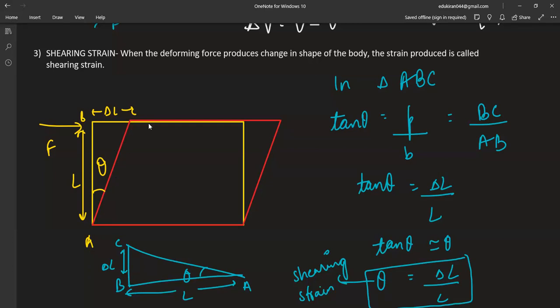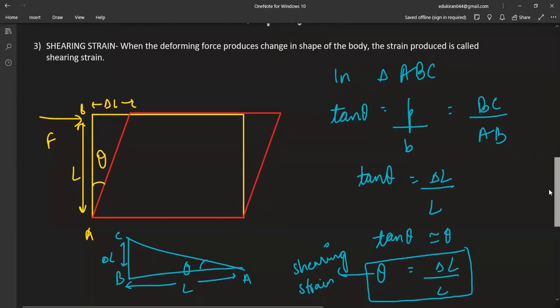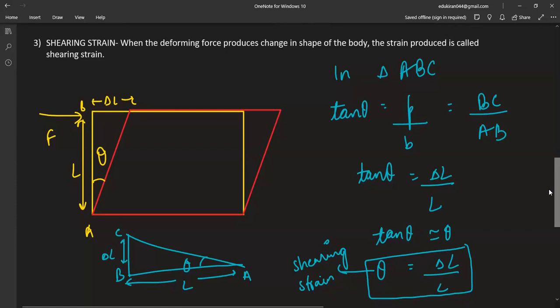So the formula is exactly similar to that of the longitudinal one. This sometimes comes to derive shearing strain. The rest of it will not come in derivation because no such derivation is there. But shearing strain in two marker questions can come. Write this down as well. So when the deforming force produces change in shape of the body, the strain produced is called shearing strain.